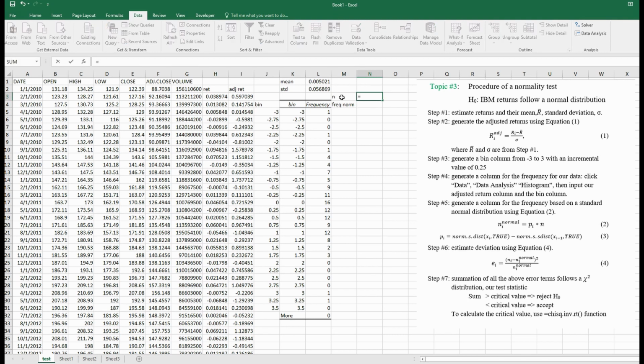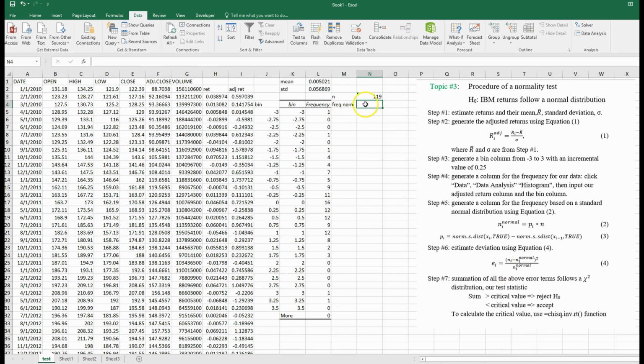So let's count. It's the summation of how many frequencies we observed. So we have 119.